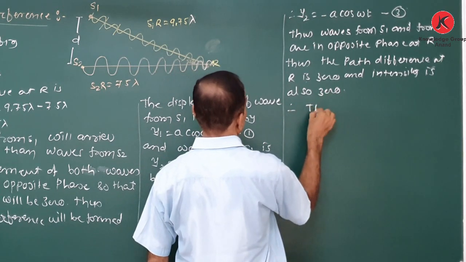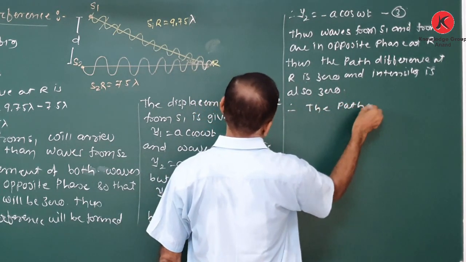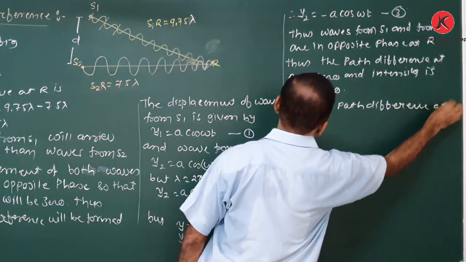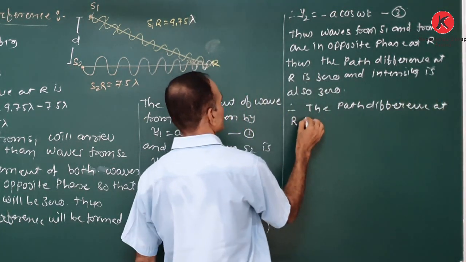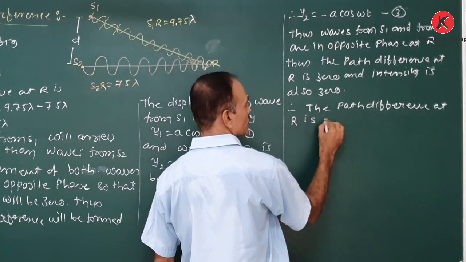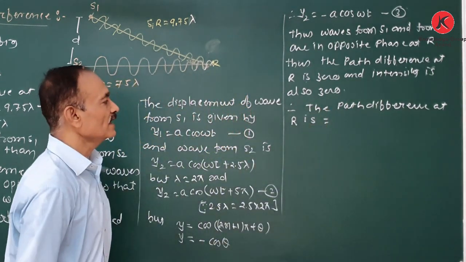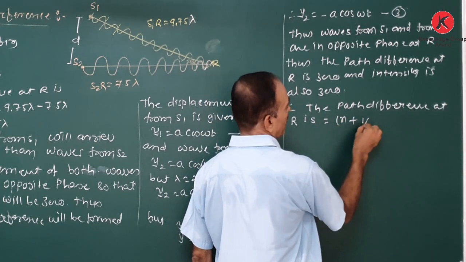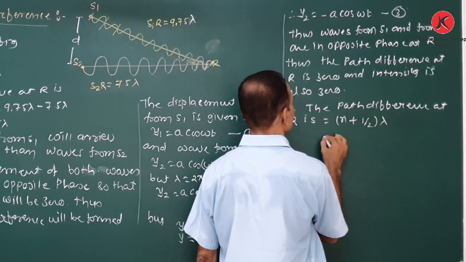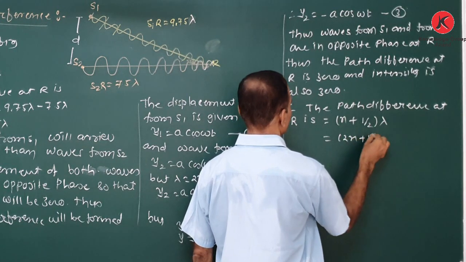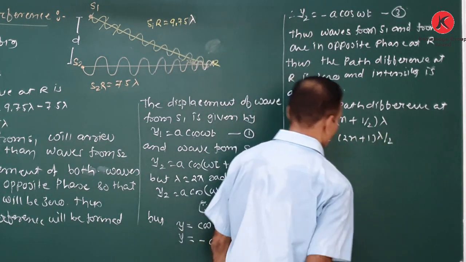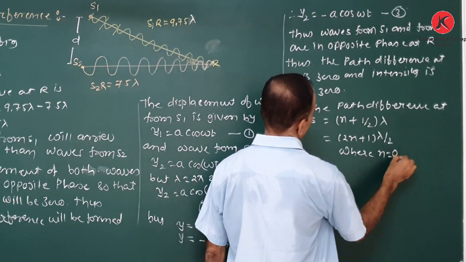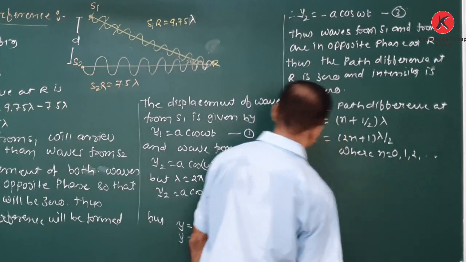Therefore, the path difference at R is equal to (n plus 1/2) into lambda, or 2n plus 1 into lambda by 2, where n is equal to 0, 1, 2, and so on.